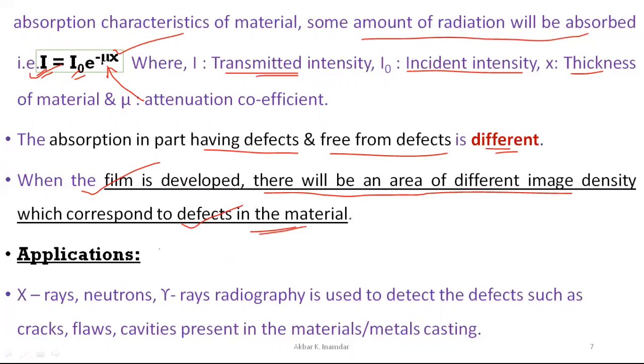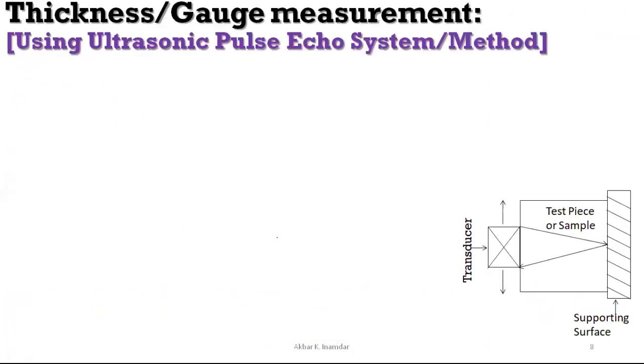The application of radiography: X-ray, neutron, or gamma ray radiography is used to detect defects such as cracks, flaws, and cavities present in the material or metal casting.